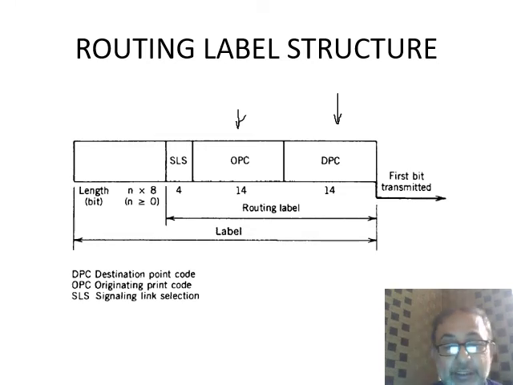In addition to that, we have got 4 bits for signaling link selection if we have got multiple options. And as we have already discussed, it gives you the options in case a new signaling point is added to the network, or one of the links to a particular signaling point has failed, and another link has to take effect.